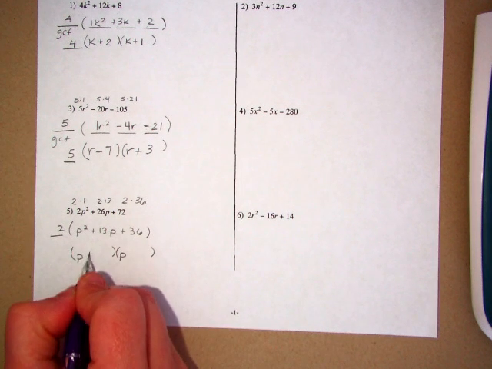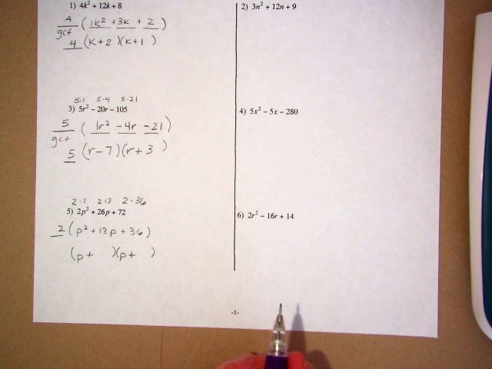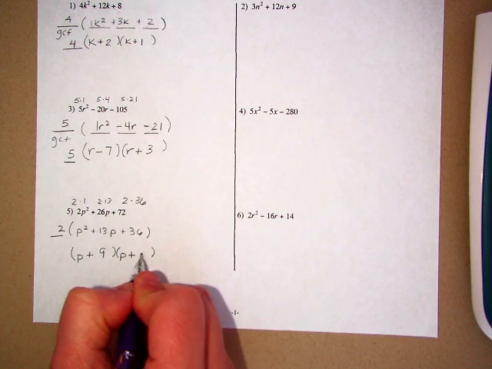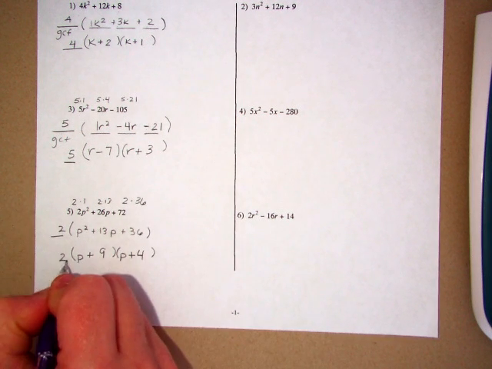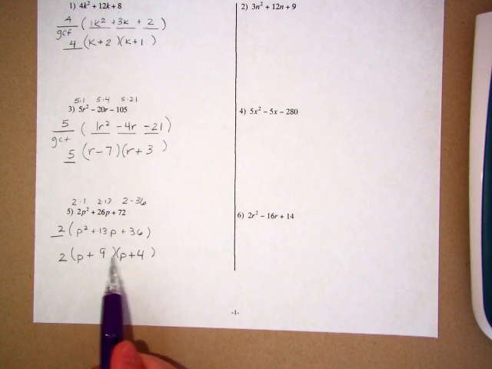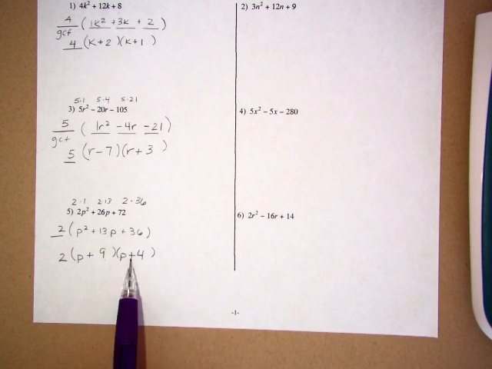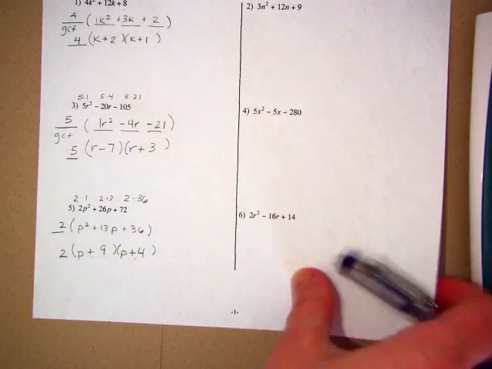Bring down the plus. Plus times what gives me a plus? And this is going to be 9 and 4 with the 2 out front. 9 times 4 multiplies to 36, but 9 plus 4 gives me 13. When the signs are the same, which they are here, that's what tells me I need to add.